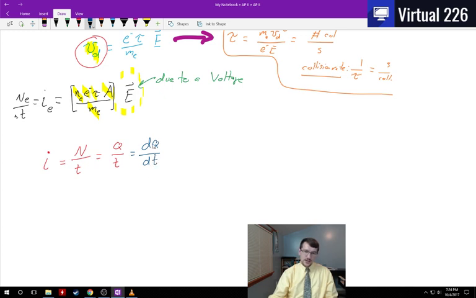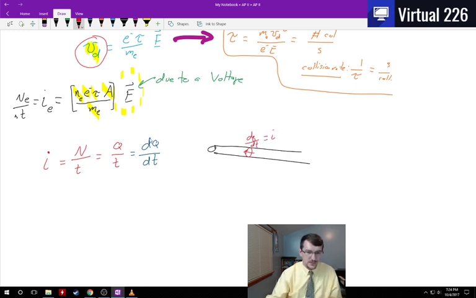So we get a tiny bit of charge and a tiny bit of time going through the current, because if we once again draw the wire and have our tiny cross-sectional area, there is some tiny bit of charge going through this and some bit of time. We've called that a current. Okay, so that's all we did there. We've seen that. This also means that Q is equal to the current times some amount of time.